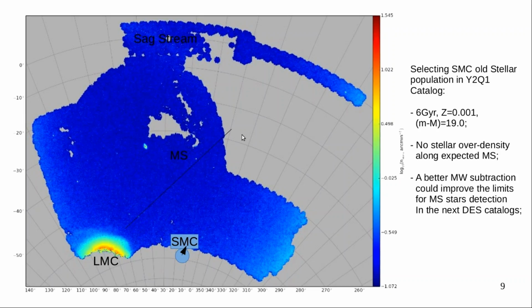As you can see in this figure, the Magellanic Stream is in this region, but we didn't find any stellar overdensity here. For the future, maybe a better Milky Way subtraction could improve these results.